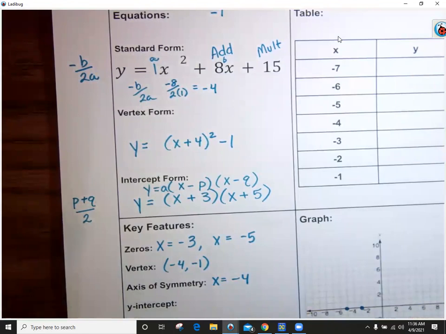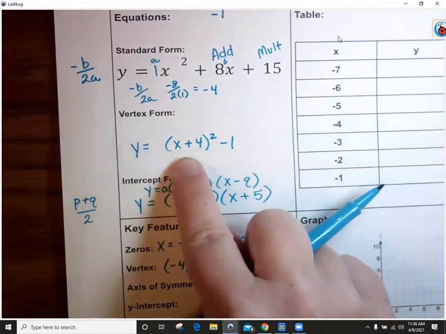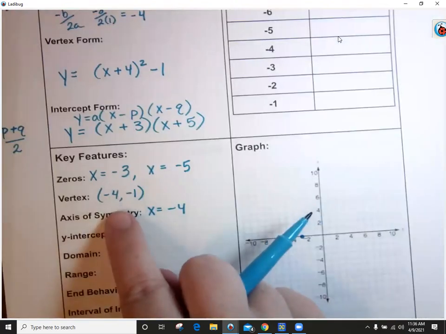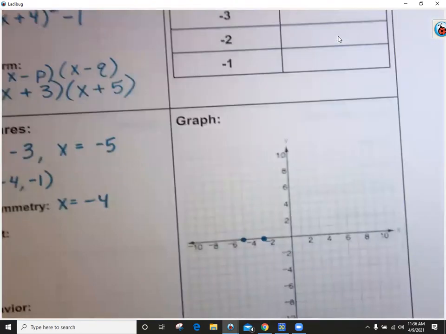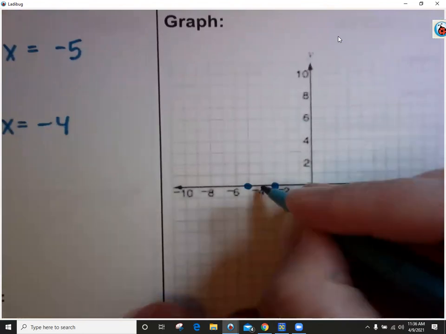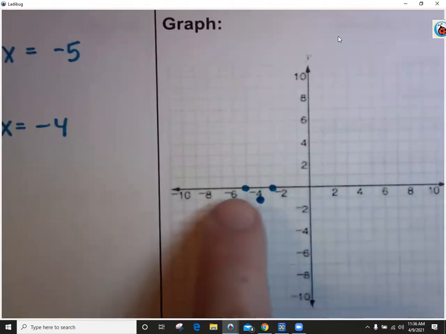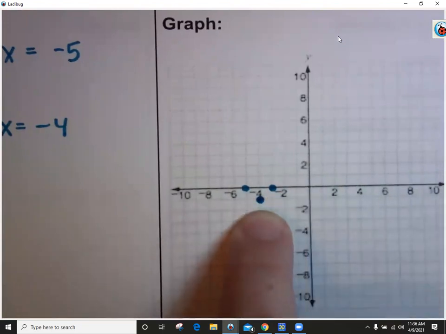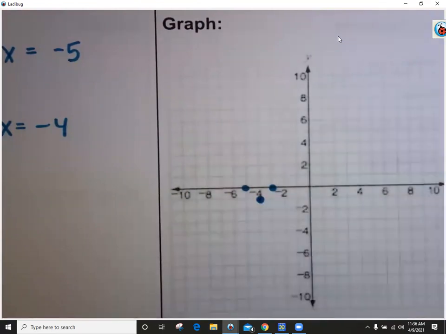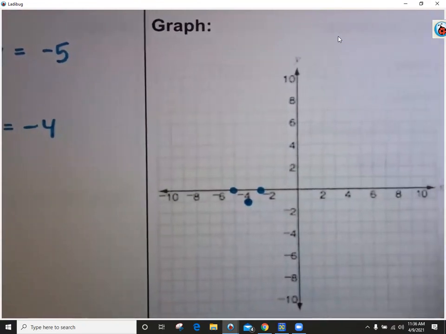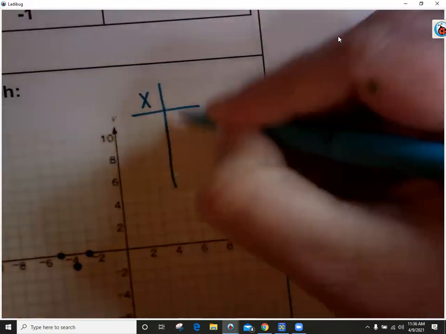Okay, so now we have vertex form, and we know the vertex, and we can graph the vertex down here at -4, -1. By graphing the x-intercepts and the vertex, we have 3 points, but we really need 5 points. So we need to make that move chart to get the other points.